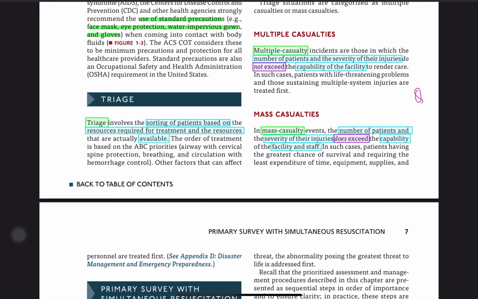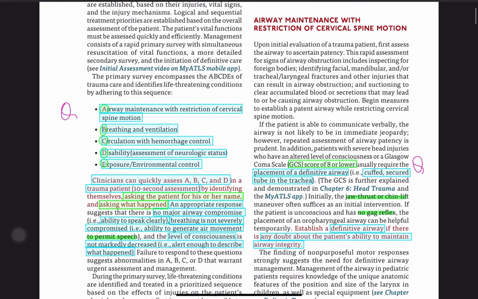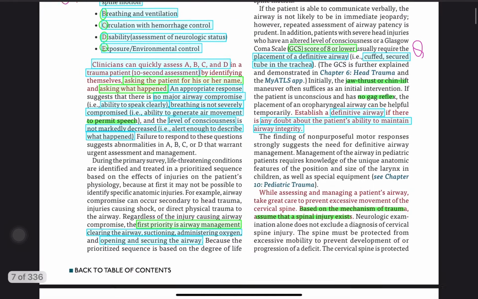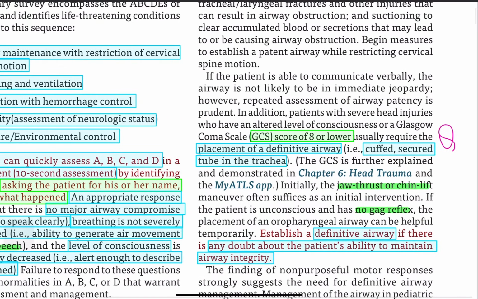In mass casualty, it does exceed the capability of the hospital. Then ABCDE, you all know.